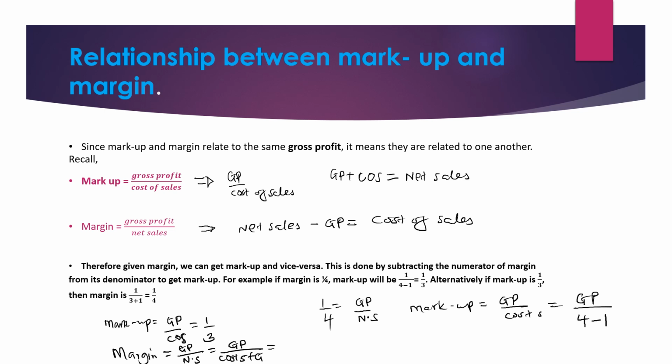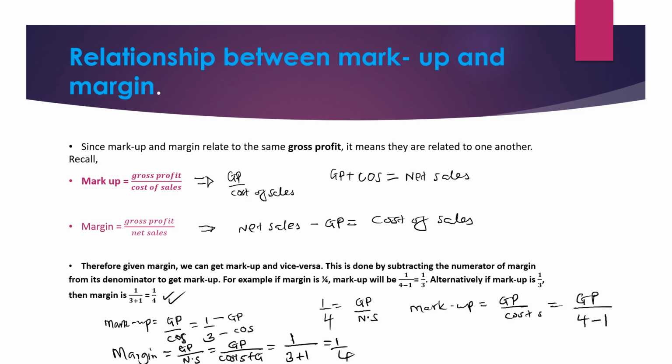In this case, this is our gross profit and this one is our cost of sales. So the gross profit still maintains 1, then the cost of sales 3 plus the gross profit. So we'll have 1 over 4. So basically, that is how markup and margin are related.